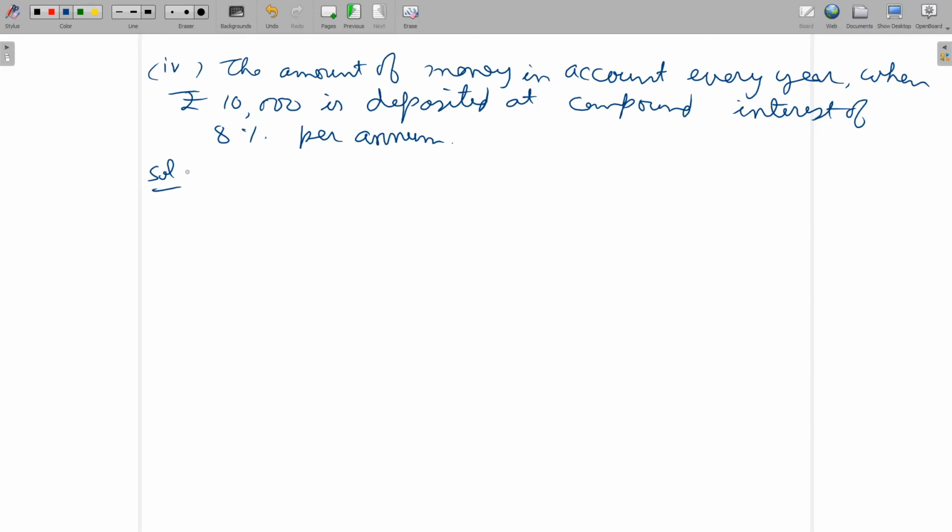Fourth part: the amount of money in an account every year when rupees 10,000 is deposited at compound interest of 8% per annum.